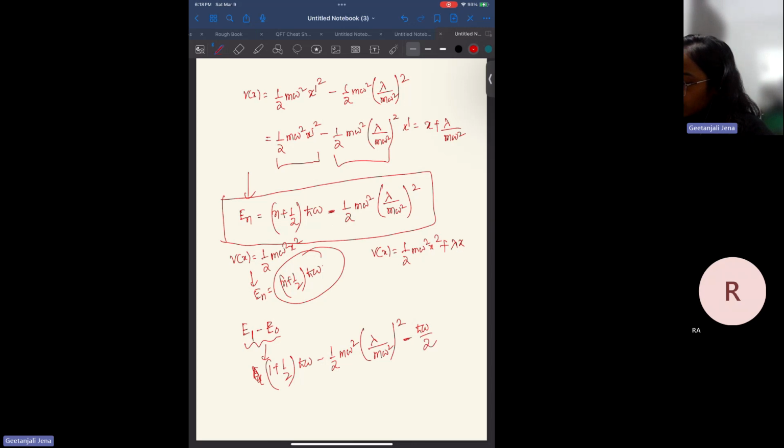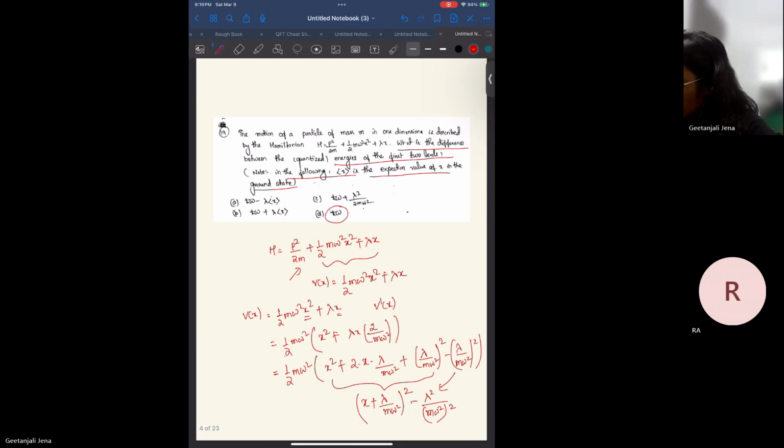So it will be half h cut omega, and the minus will become plus the constant term. Okay, so the constant term will get cancelled because it's the difference between two energy levels. So what you got is h cut omega. So the answer will be h cut omega. This information, that is the expectation value of x, is not required for this problem. So the answer will be D, h cut omega.